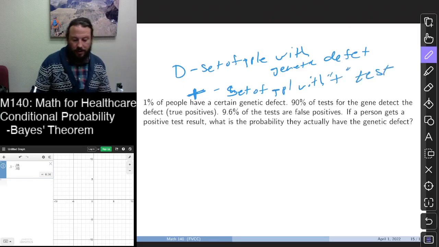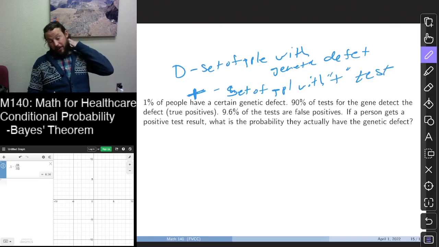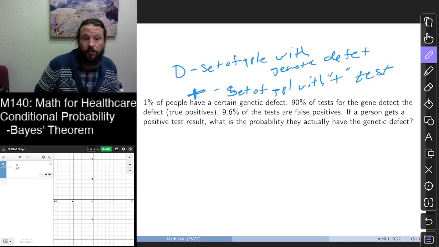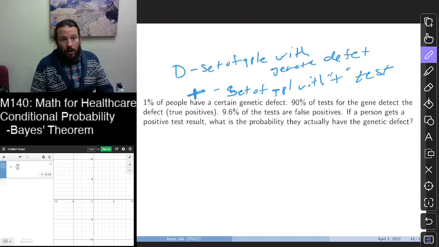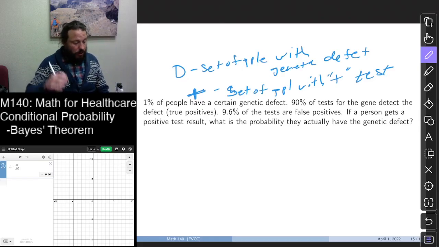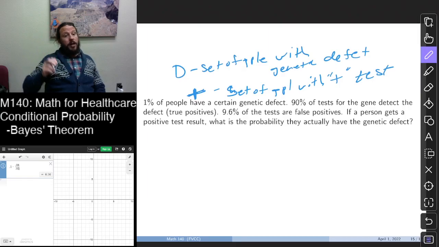And for the complement of positive, I'm just going to use negative, with tests.